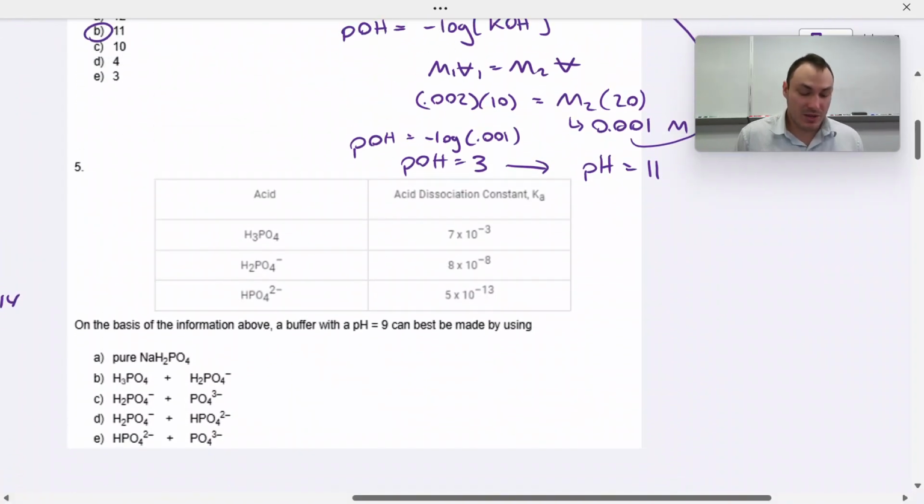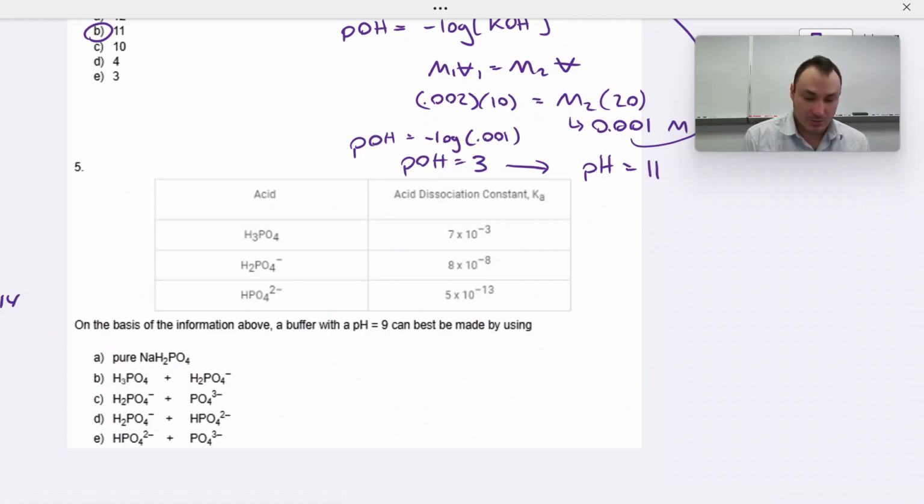For 5, on the basis of the information above, a buffer with a pH of 9 can be best made using... Okay, so we're trying to create a buffer with around a pH of 9. If we look at the Henderson-Hasselbalch equation, pH is going to be equal to pKa plus the log of the conjugate base over the weak acid.